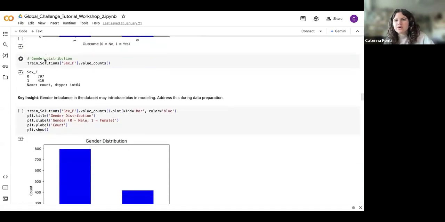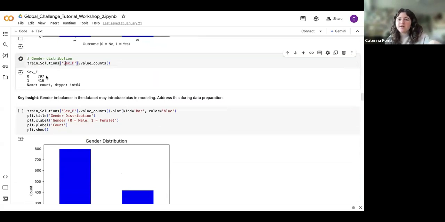And then we can also look at the gender distribution. The variable is whether the sex is female. So you can see that under 16 are women, and just 797 are male. So this is actually pretty important because gender imbalance in the dataset might introduce biased modeling, and you want to address this during data preparation.